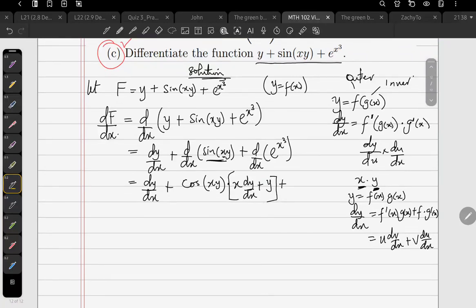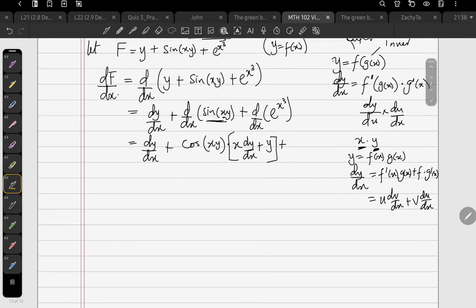Then the last one, the derivative of e to the power of x cubed. That is also another chain rule where the inner function is x cubed, and the outer function is e to the power of x. So the derivative of e to the power of x cubed will just be e to the power of x cubed, that's the derivative of the outer function, times the derivative of the inner function, 3x squared.